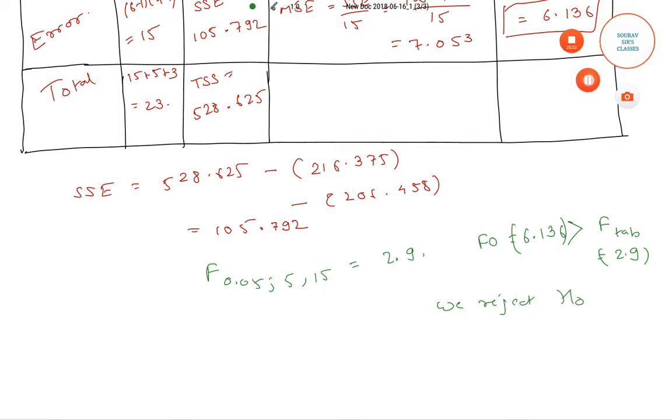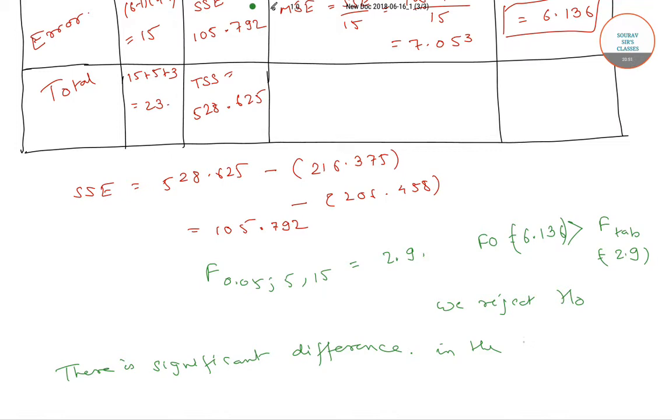So our H naught is rejected, and since our H naught is rejected, we can conclude that there is a significant difference in the nitrogen fertilizers used with respect to the stem nitrate in the plant.